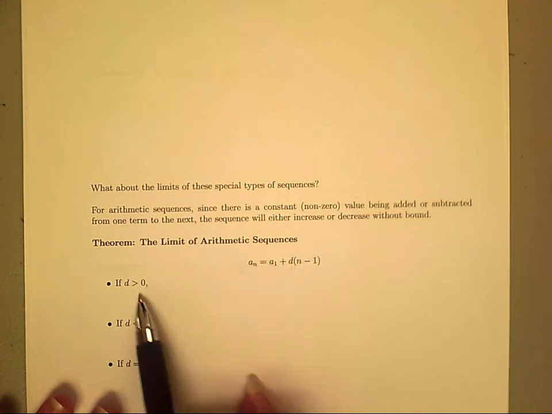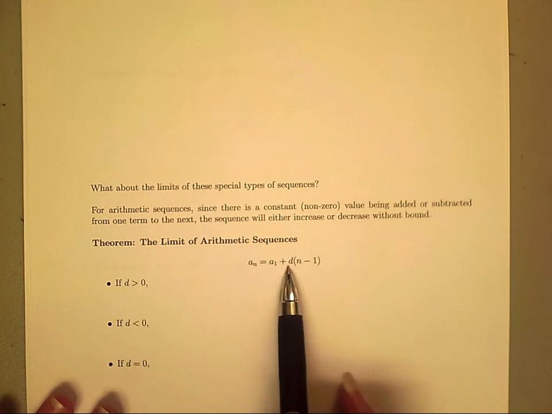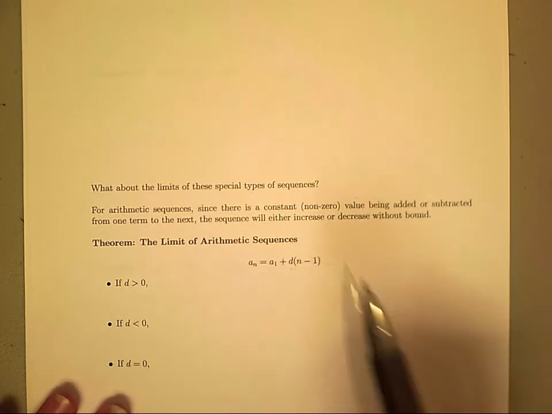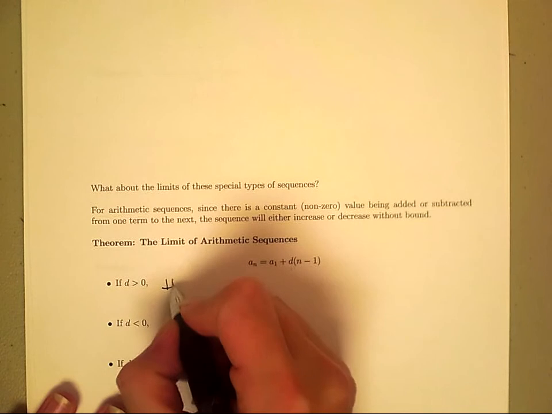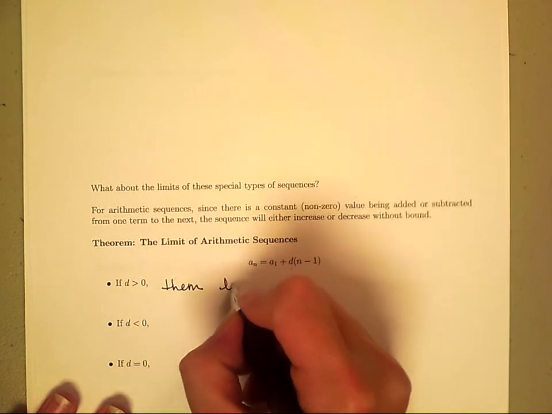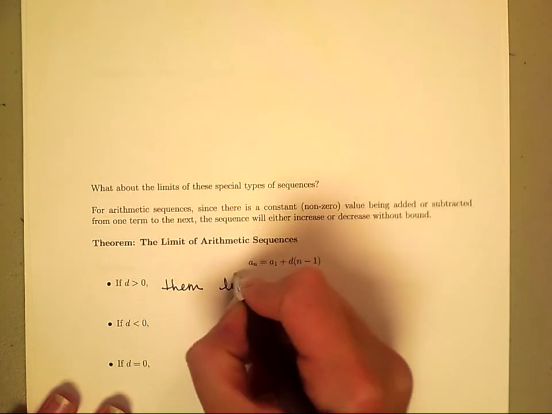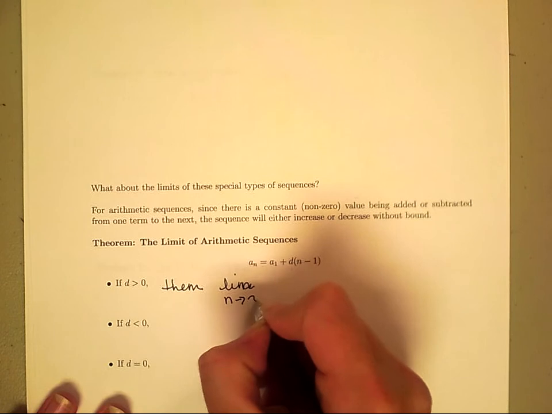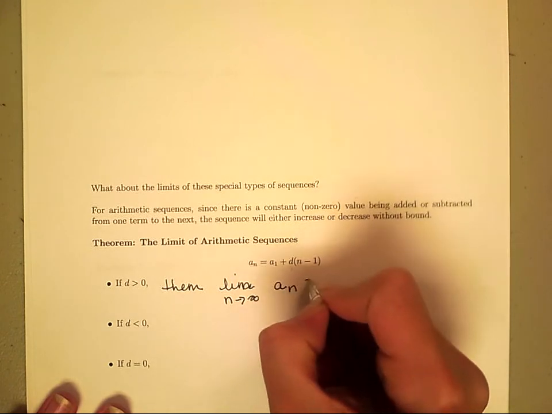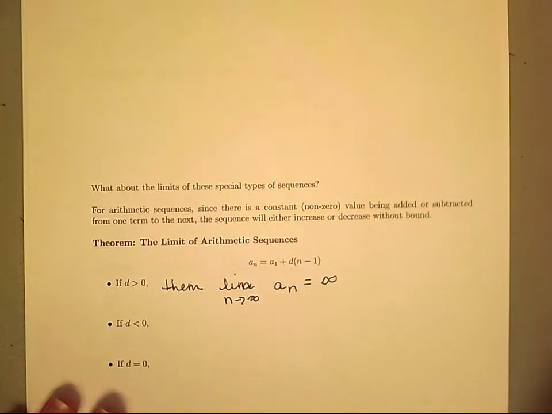If the common difference is greater than 0, then you're adding a positive value and you just keep adding positive, positive, positive. So if that happens, then the limit as n goes to infinity of that sequence will be infinite, because you're adding a positive value all the time.